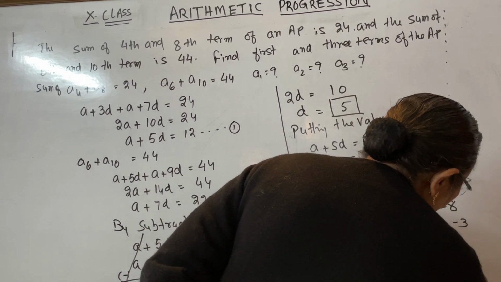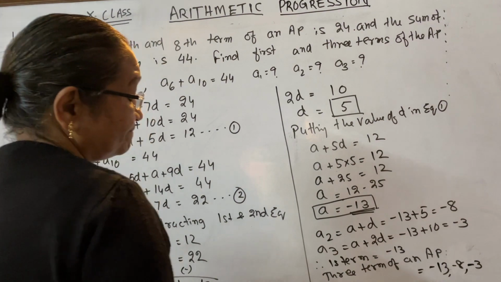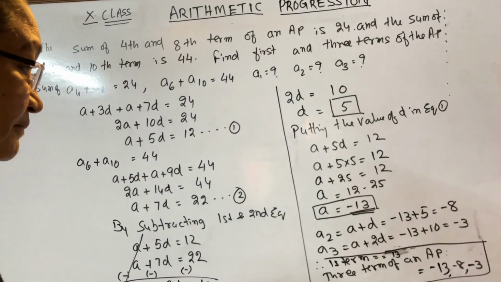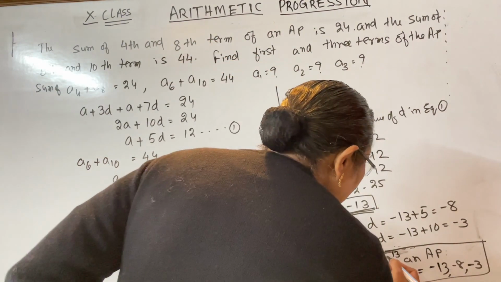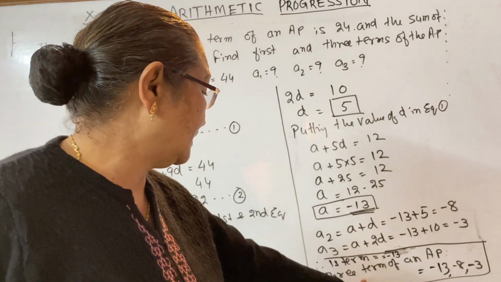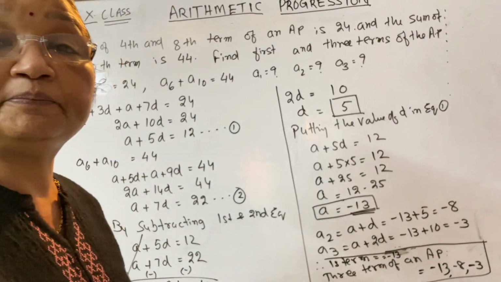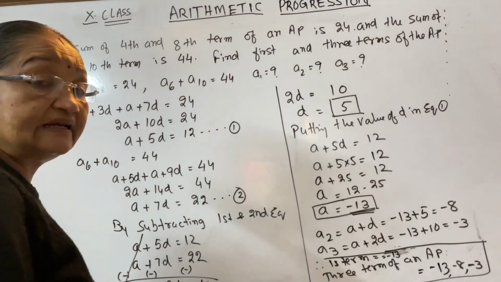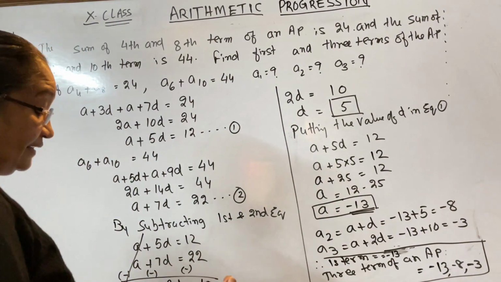Okay, this is the answer. First term is minus 13. First term is what? Minus 13. And the three terms of AP is minus 13, minus 8, minus 3. Okay? Let's do the next sum.